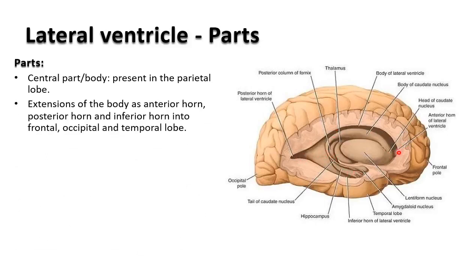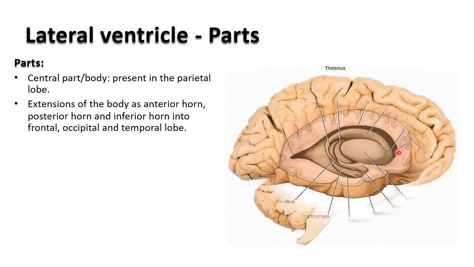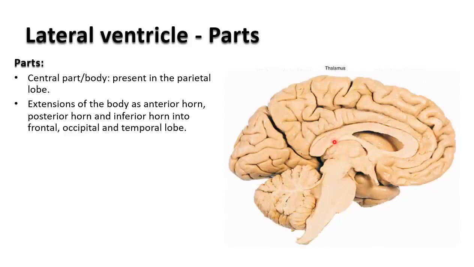So the central part, and you have the anterior horn, posterior horn, and inferior horn respectively in the frontal, occipital, and temporal lobes.